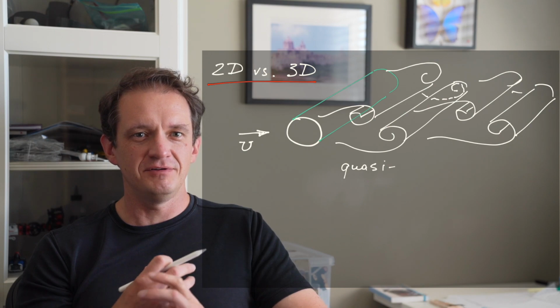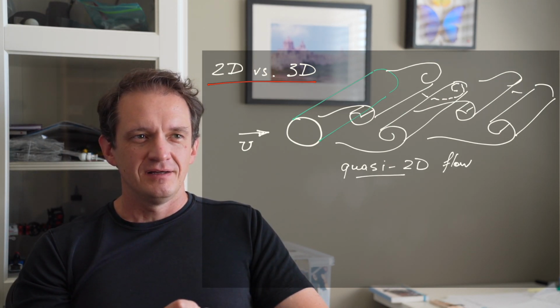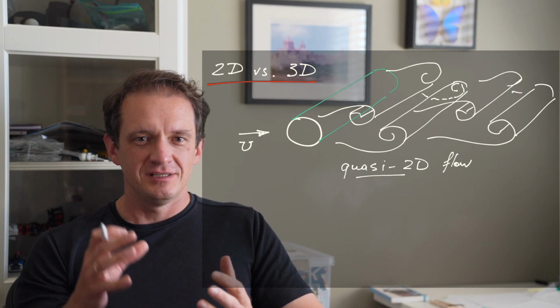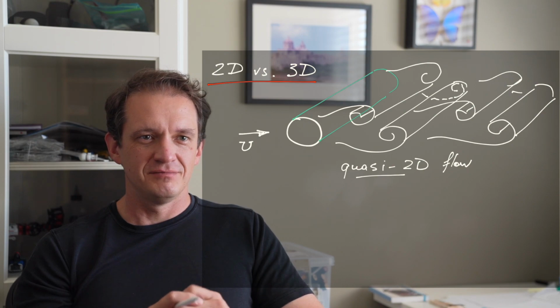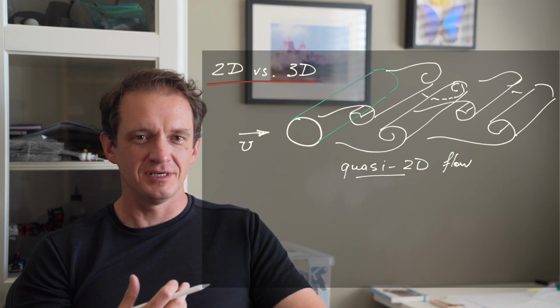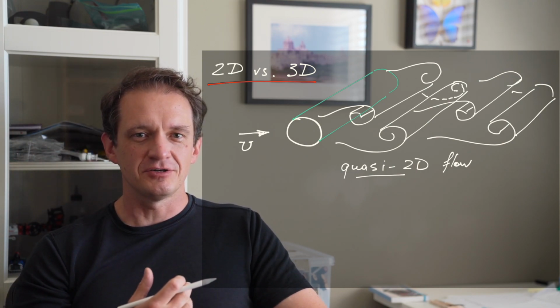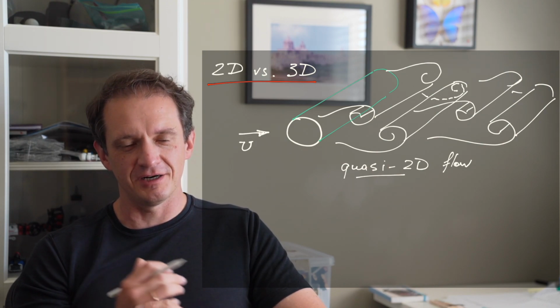So even if the cylinder is very long, there are not many changes in the out of plane direction. So the main changes in the velocity field occur in the 2D plane. So we can just consider a cross section of that cylinder and for all practical purposes predict the entire flow.